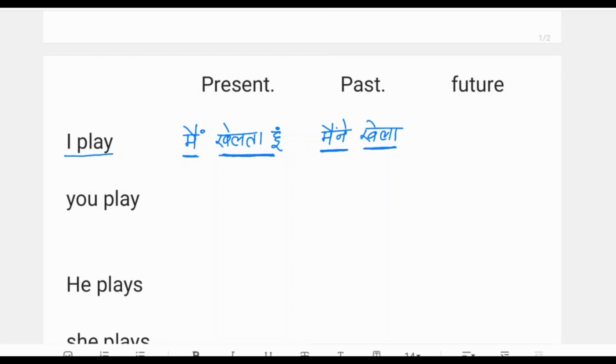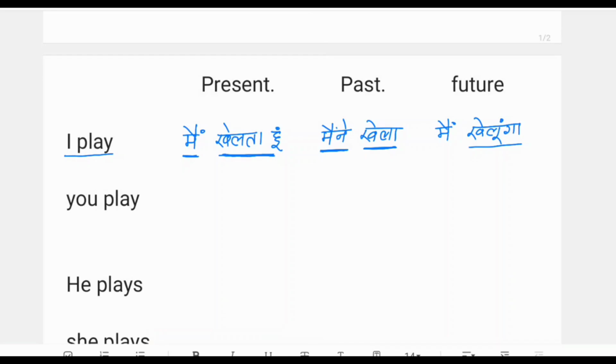In future it will be I shall play, and for I shall play we will write मैं खेलूंगा. So खेलूंगा is the future form of the verb. So in this way, मैं खेलता हूँ in present indefinite, मैंने खेला in past indefinite and मैं खेलूंगा in future indefinite.